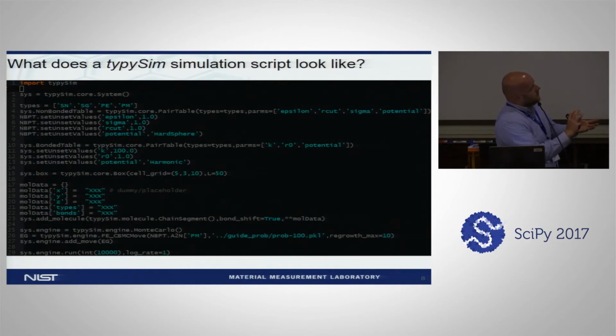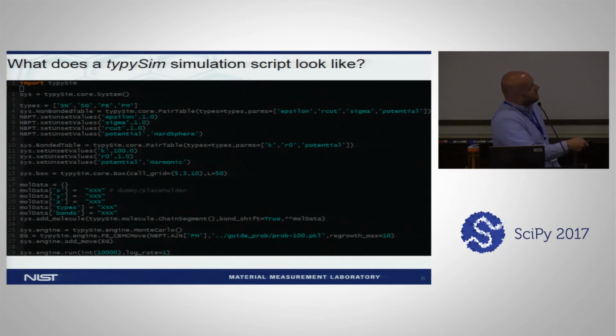So the way these simulations work is they're in a confined periodic space. And so we need to say how big that space is. We describe our initial conditions. I just have placeholders here right now, and we add those initial positions to the system as a chain molecule. Finally, we create our Monte Carlo integrator. We add any number of Monte Carlo moves that we want to apply in the simulation.